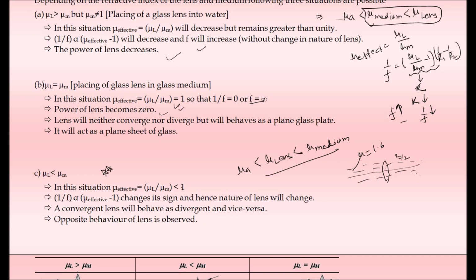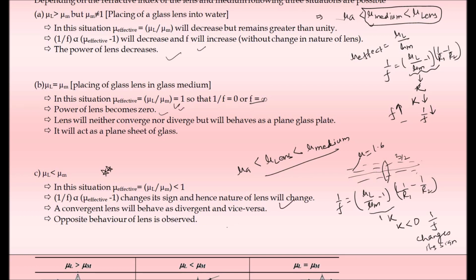So in this situation, mu effective is less than 1 and the focal length is directly proportional to mu effective minus 1. So 1 by f is equal to (mu L by mu M minus 1) into (1 by R1 minus 1 by R2). If we consider this term as k, then k is less than 0 and 1 by f changes its sign, hence the nature of lens will change.